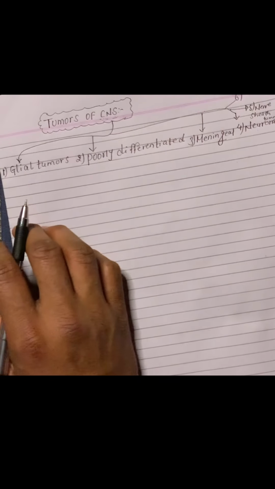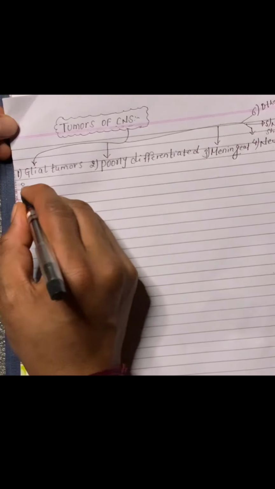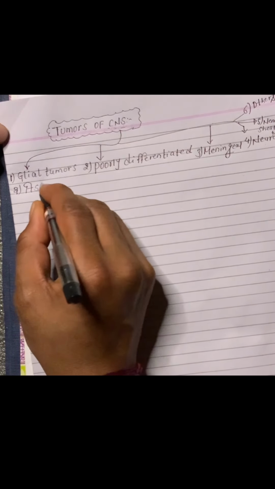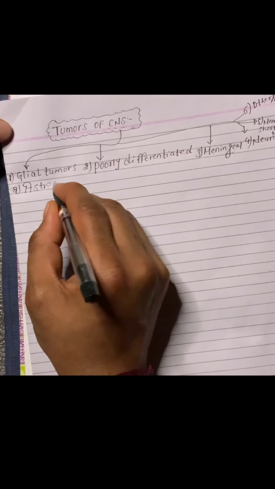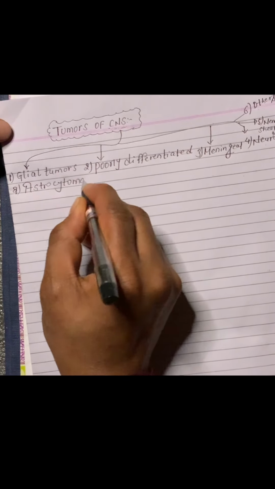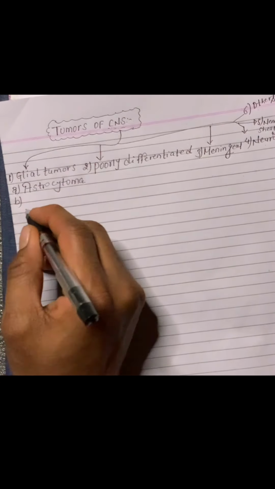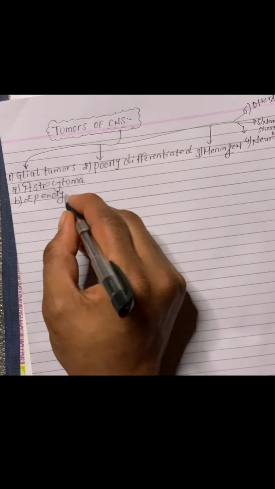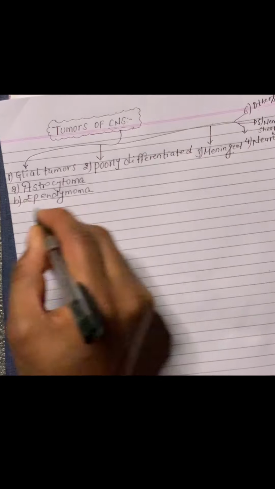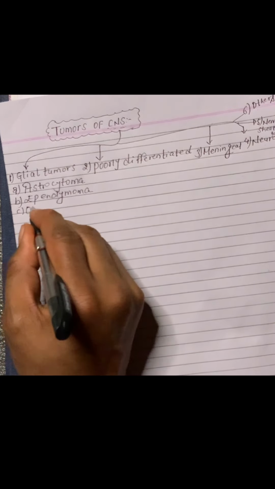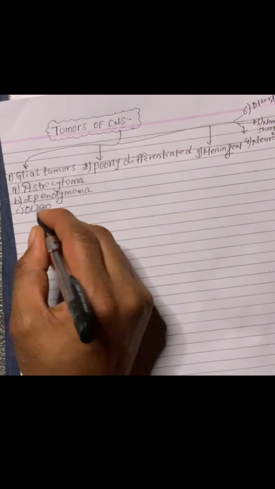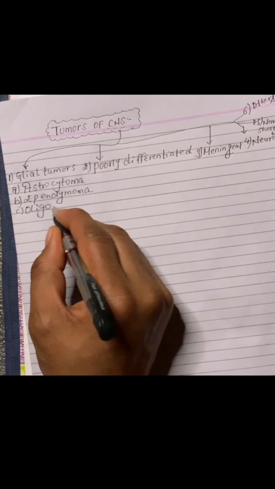Under the glial tumors we can encounter, the glial cells are astrocytes, so it will be astrocytoma. B will be ependymoma. C is oligodendroglioma. This is also a glial tumor, supporting cells of the brain.